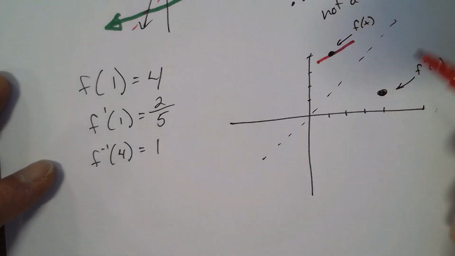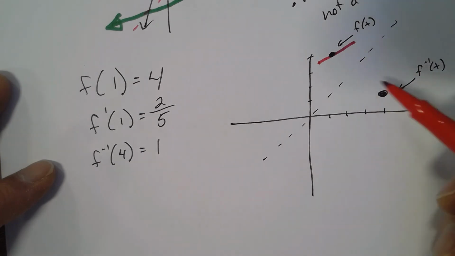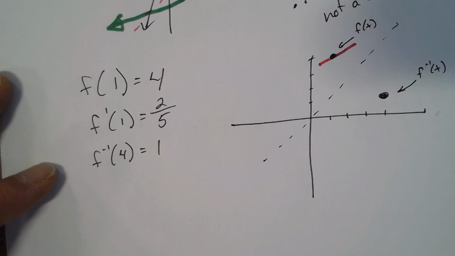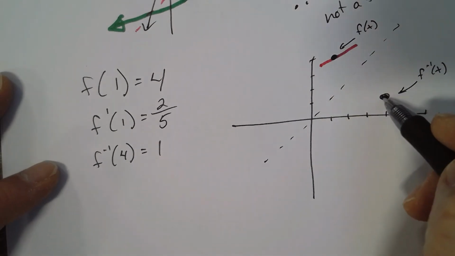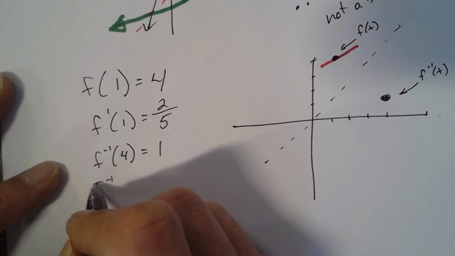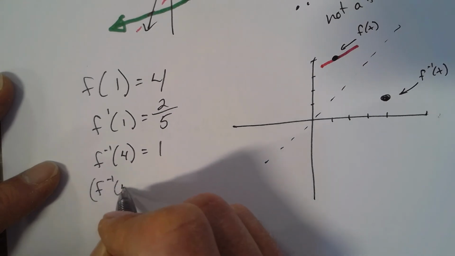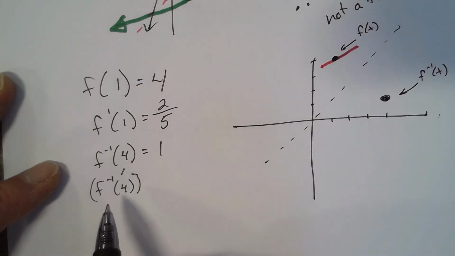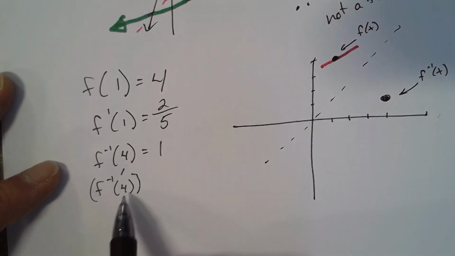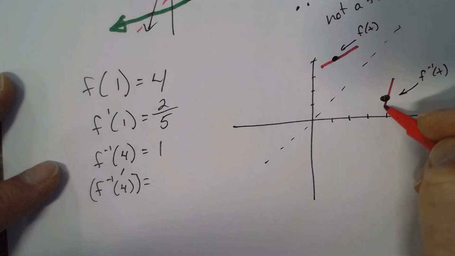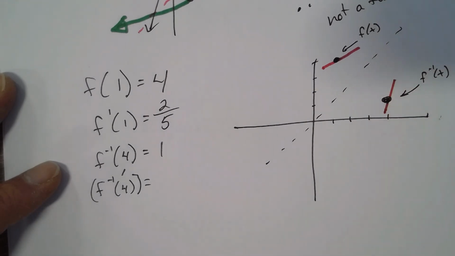Well, if it's going to be symmetrical with the line y equals x, then the derivative at the corresponding point on the inverse, so f inverse prime of 4, the derivative at the f inverse of 4 has to be, well, it looks like that.